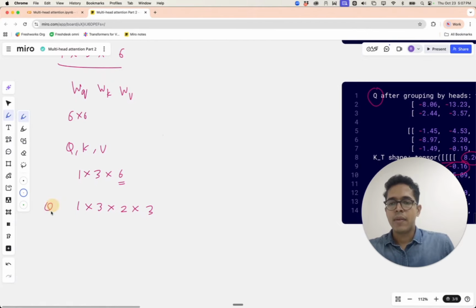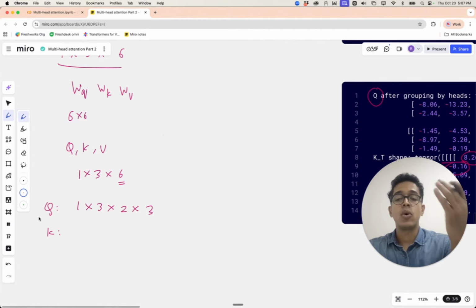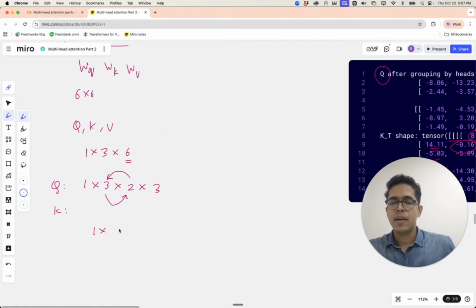Okay, so query was like this, key was like this. Then we said we had to take the transpose of key, correct? Or no. Just before that, we also had to do grouping based on heads rather than based on tokens. So what we first did was we swapped these two, such that it became 1 by 2 by 3 by 3.